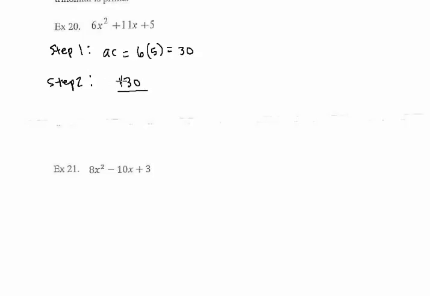So, example 20, step 1, same for both methods. We multiply A times C, which is 6 and 5, and we get 30. Step 2, we factor 30, and we note that it's a positive 30, so we say 1 and 30, 2 and 15, 3 and 10, 5 and 6.